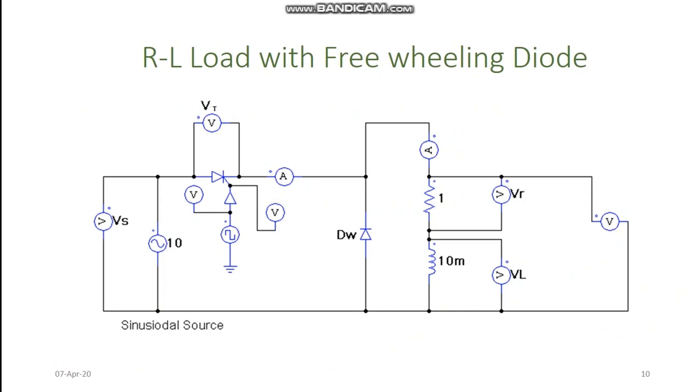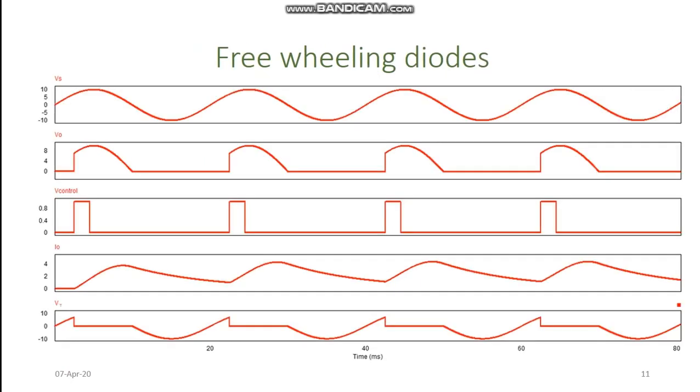Now let's look at the analysis of an RL load with a freewheeling diode. This is our freewheeling diode, this is our sinusoidal source, this is our thyristor, and this is our RL load. The waveforms that we will obtain in the case of the freewheeling diode will be something like this.